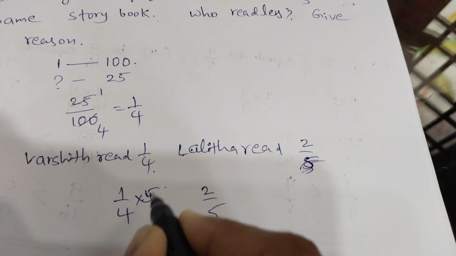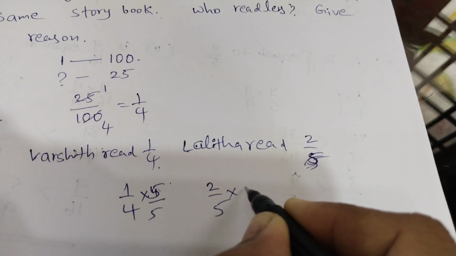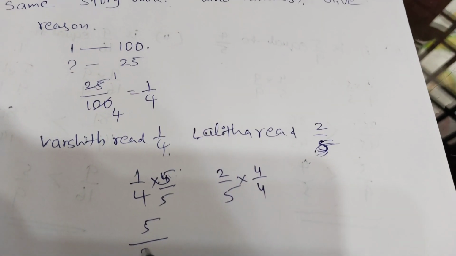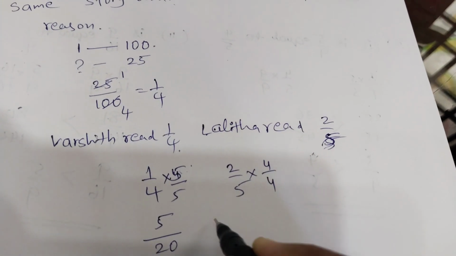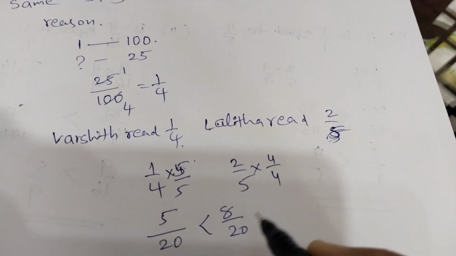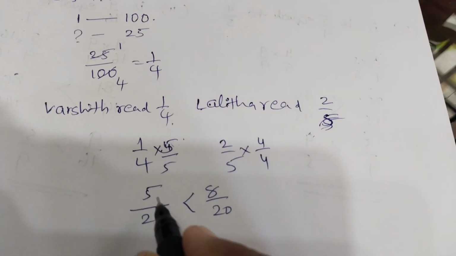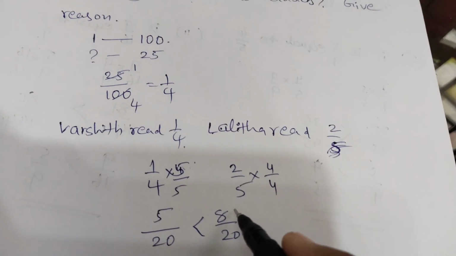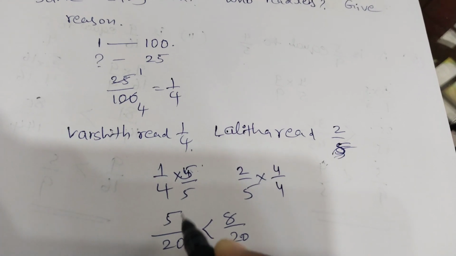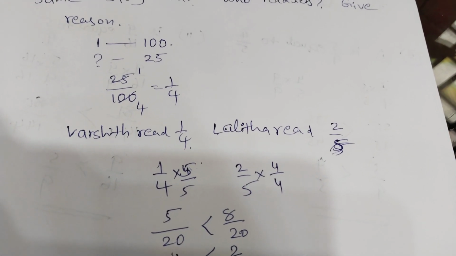If we multiply the first fraction with the second fraction's denominator, and the second fraction with the first fraction's denominator, 5 1s are 5 by 4 5s are 20, 2 4s are 8 by 4 5s are 20. So 8 by 20 is bigger than 5 by 20. So 8 by 20 comes from 2 by 5, and 5 by 20 comes from 1 by 4.